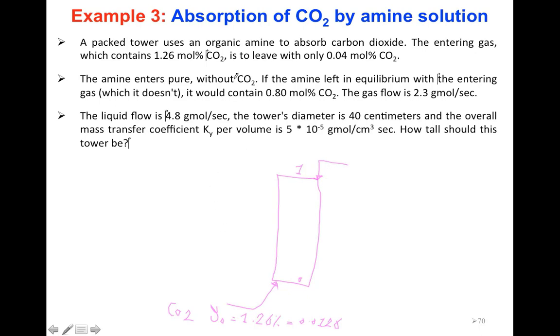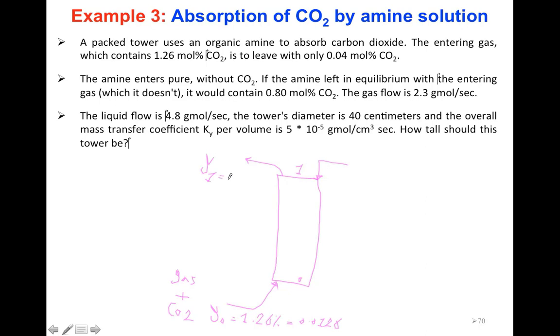Then the gas that contains CO2 is natural gas, let's say, or exhaust gas with CO2. It will arrive with this amount of CO2. This is the mole fraction of CO2, and it will leave at the top with this much CO2.